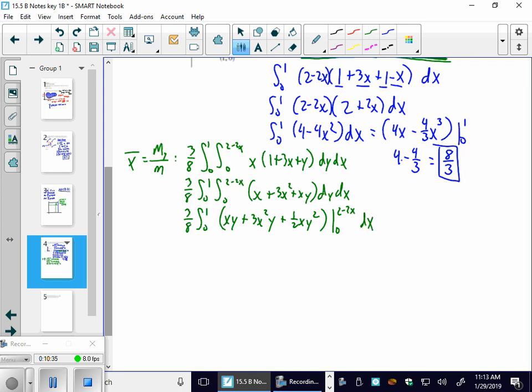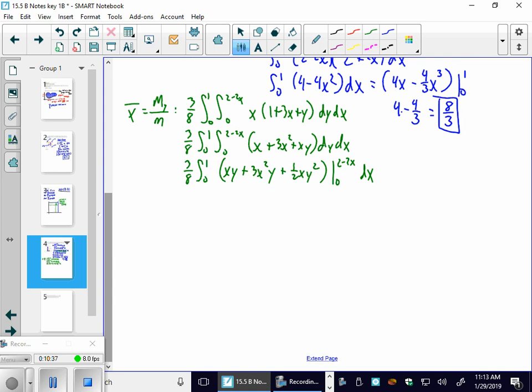So again, let's go ahead and plug in the 2 minus 2x for the y's. So we have x times 2 minus 2x, plus 3x squared times 2 minus 2x, plus 1/2 x times 2 minus 2x squared, dx. Again, what you should see is that I have a 2 minus 2x in common, but I also have an x in common in all of these.